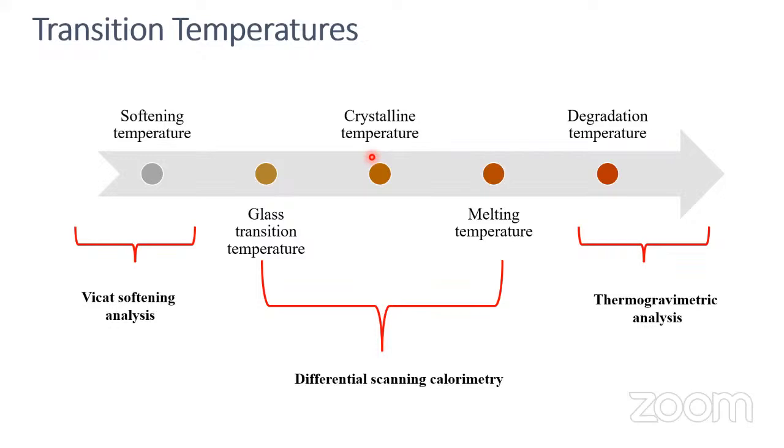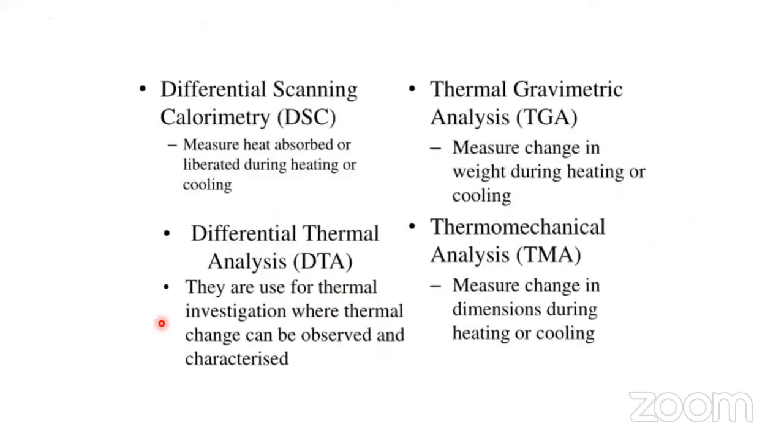So there are different testing methods, out of which, as we have mentioned, for softening point there are two testing methods. One is Vicat softening analysis, and the second is heat deflection temperature. And for the next temperature points, differential scanning calorimetry is used to determine the glass transition temperature, melting point, then crystallinity temperature.